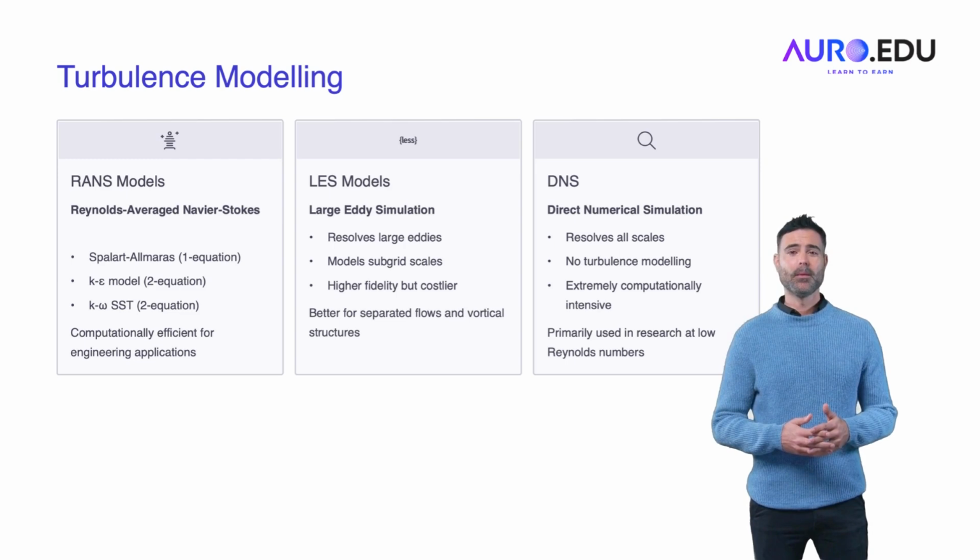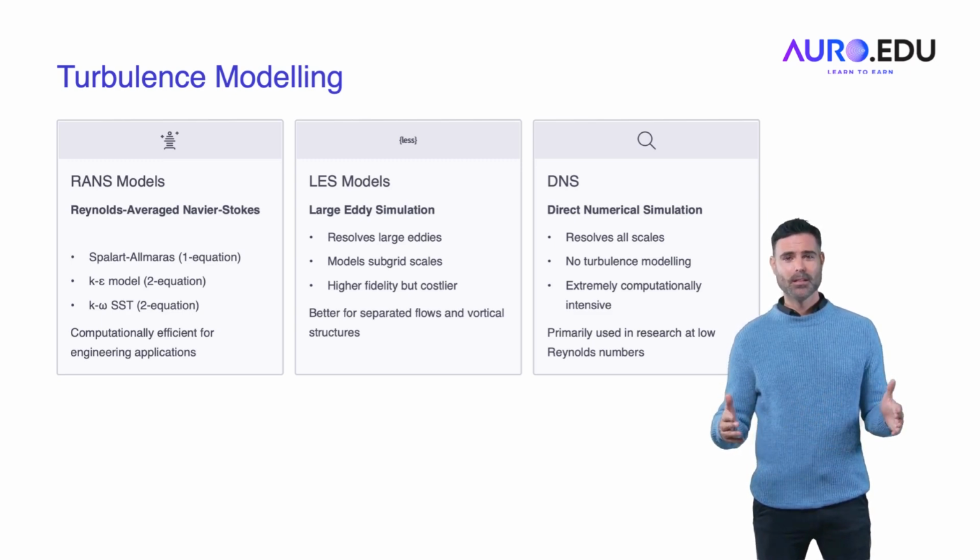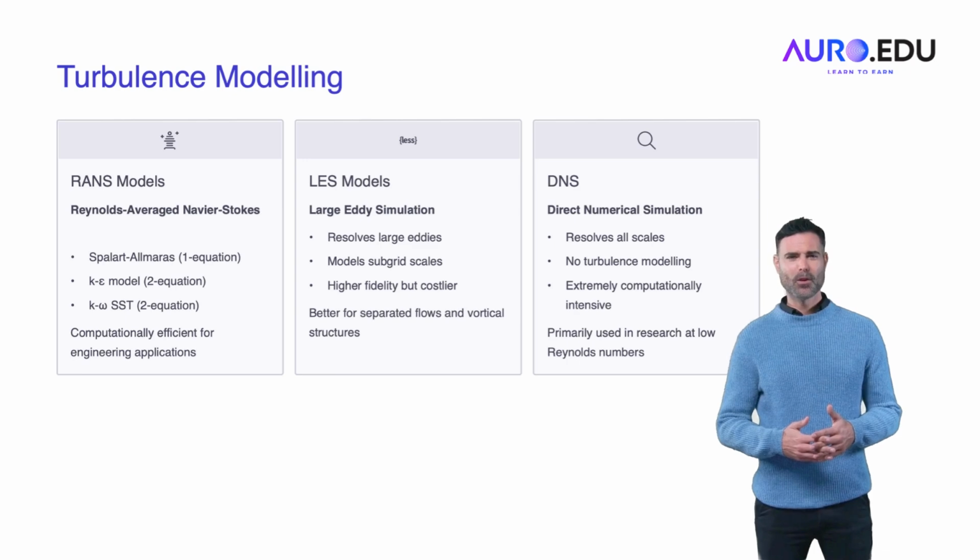Turbulence modeling. Turbulence is a complex phenomenon that needs to be modeled accurately for reliable simulations. RANS models, Reynolds Averaged Navier-Stokes, are the most commonly used in engineering applications. These include k-epsilon and k-omega models, which approximate turbulent flow behavior.